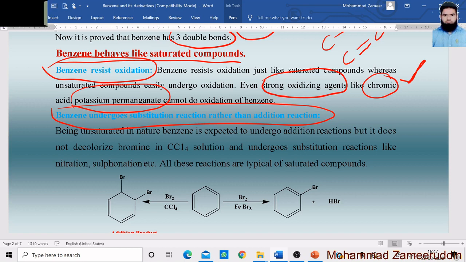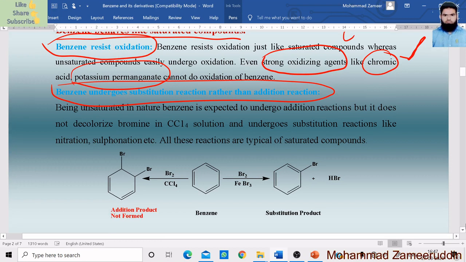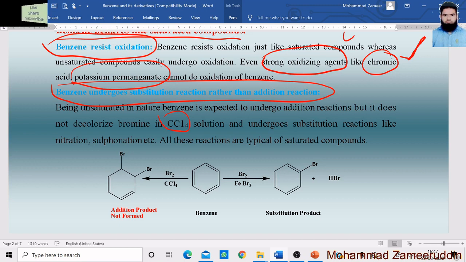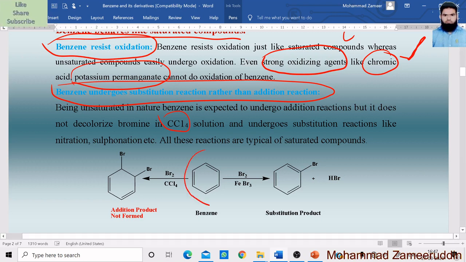The proof is here. Being unsaturated in nature, benzene is expected to undergo addition reaction, but it does not decolorize bromine in carbon tetrachloride solution and undergoes substitution reactions like nitration, sulfonation, etc. All these reactions are typical of saturated compounds. See here, this is the structure of benzene.